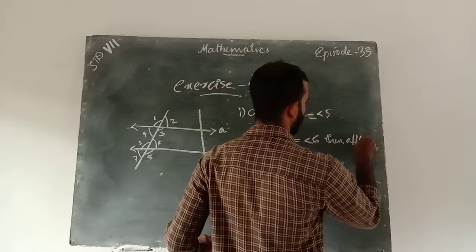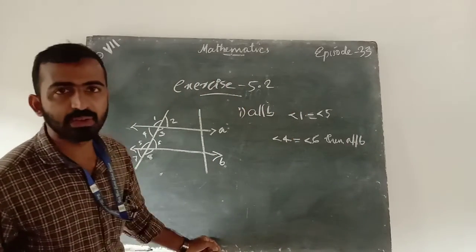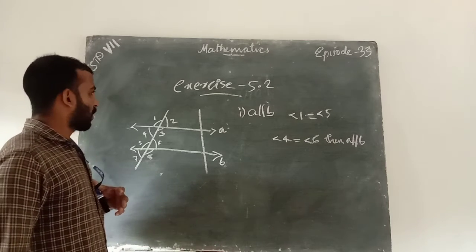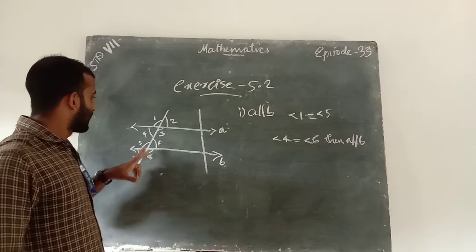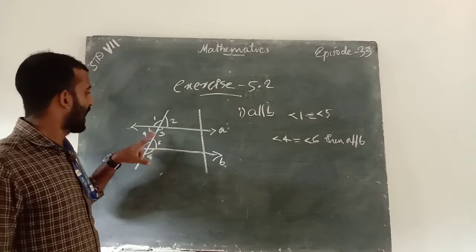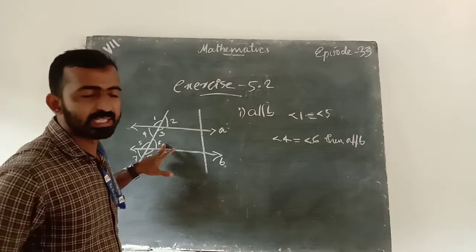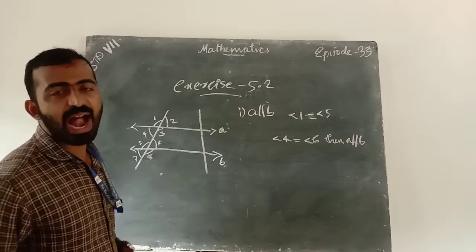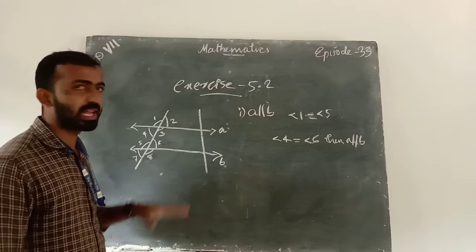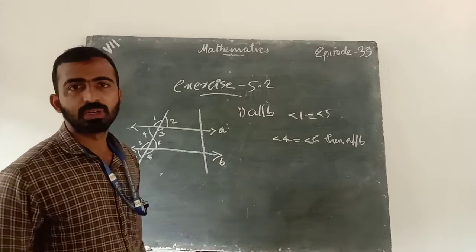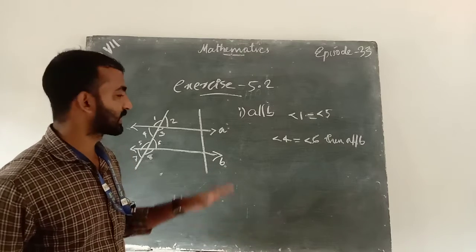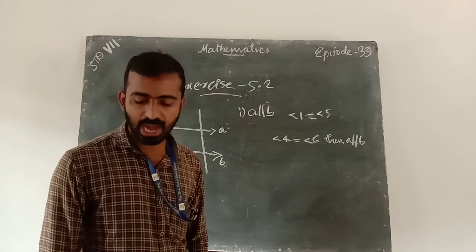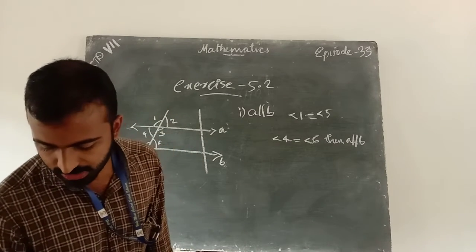Here is angle 4 and here is angle 6. The name of these angles is alternate angles. So A parallel to B, and the property name is alternate angles. And third one is what?